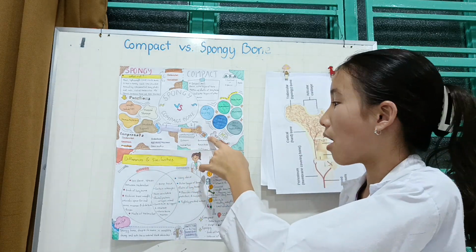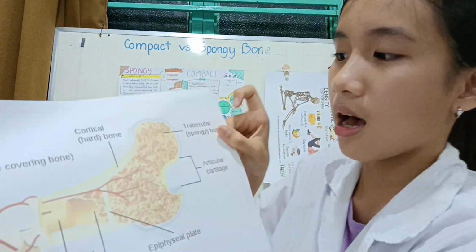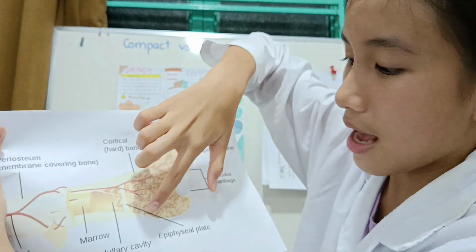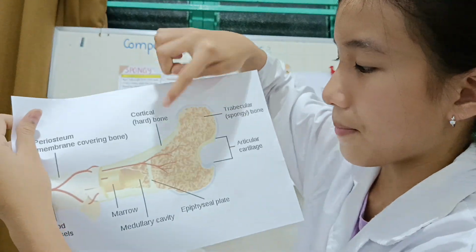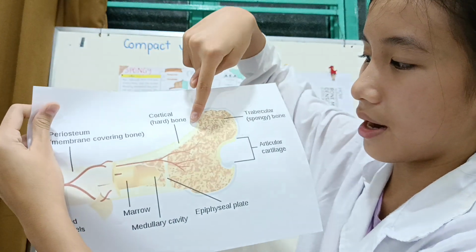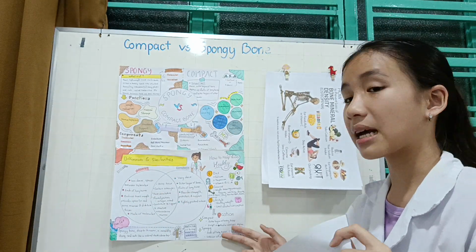This is the blue part. That is the articular cartilage around here. As you can see, there is no compact bone outside here, but there is instead articular cartilage. So that is the compact bone.